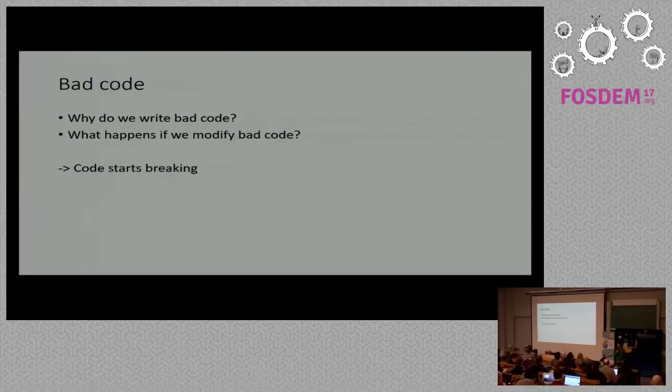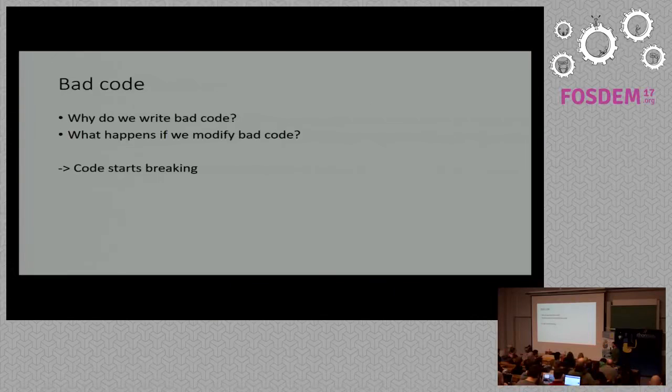And actually, it's all about bad code. So we all write bad code, and we write code that's often unmaintainable and so on. And the reason for that is, as Bob Martin says, that we don't have a lot of time. We don't have time to do things the right way. And that's why we write bad code.